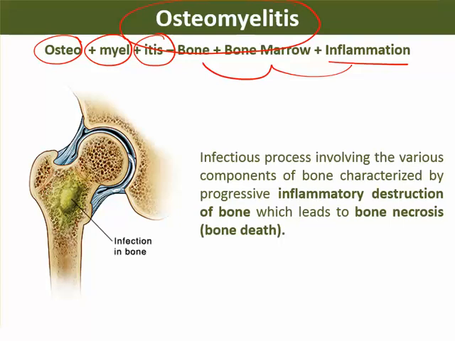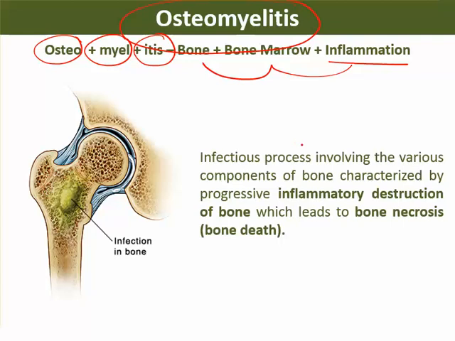We don't call it just an inflammation, because inflammation can come in many ways. There are many causes for inflammation, but when we say osteomyelitis, we mean an infection of the bone, an infectious condition of the bone.